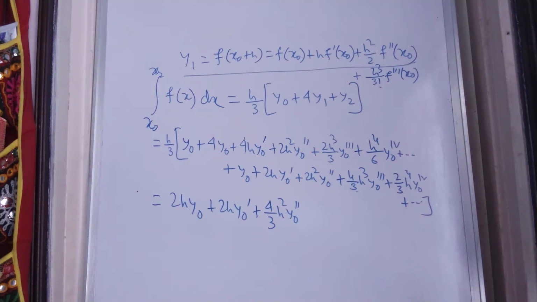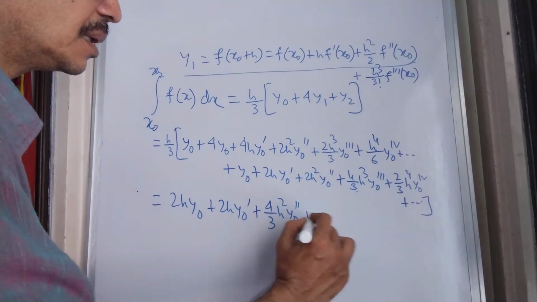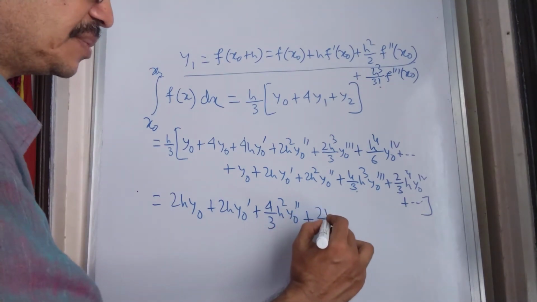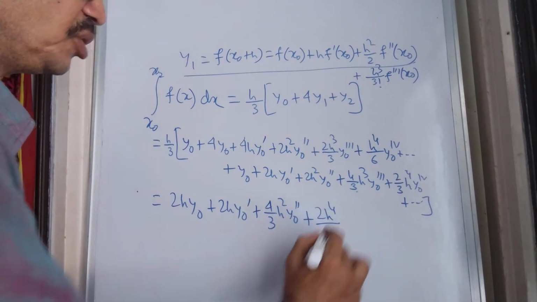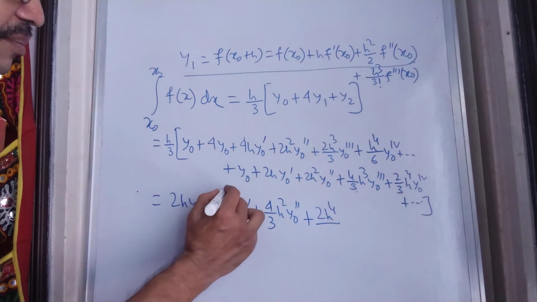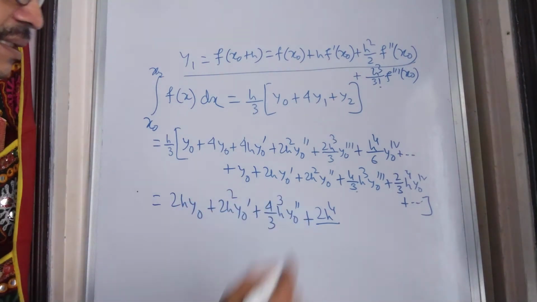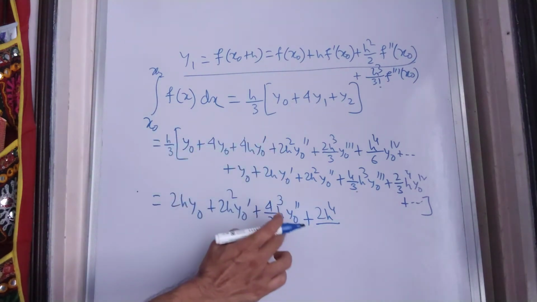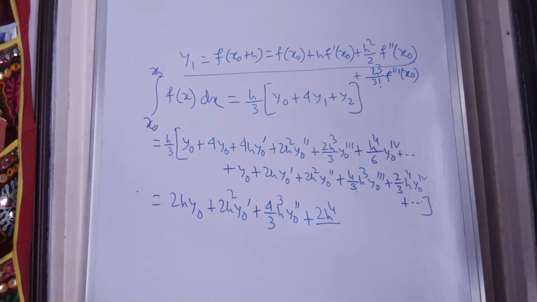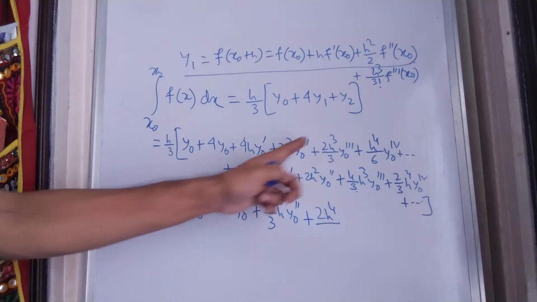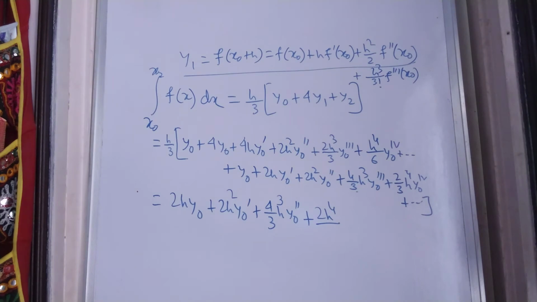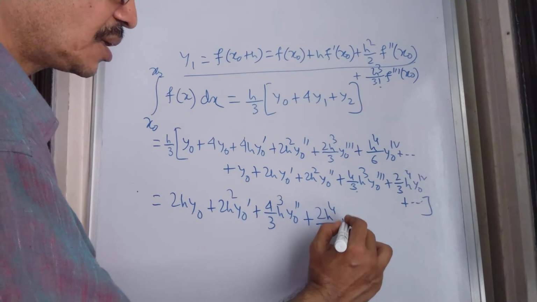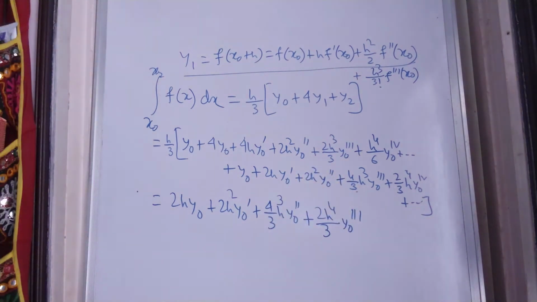So the term is actually 2h cube, and when multiplied with this, this becomes 2h to the power 4 by, actually I have written this erroneously, and this should be h square. When h is multiplied with this h, it becomes h square, and this is h cube, and this becomes h to the power 4. That is why I committed a mistake. So this is nothing but 2h to the power 4 by 3 y0 triple prime.